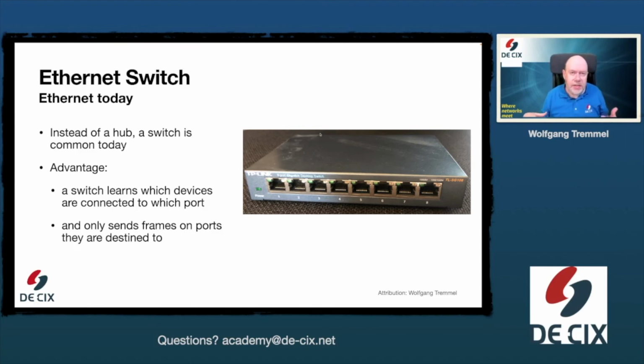And it learns that by listening into the source Ethernet addresses of frames it receives. If it doesn't know where it is, well, it falls back to the old behavior and broadcasts or floods. We call that flooding. It sends out the frame through every port.